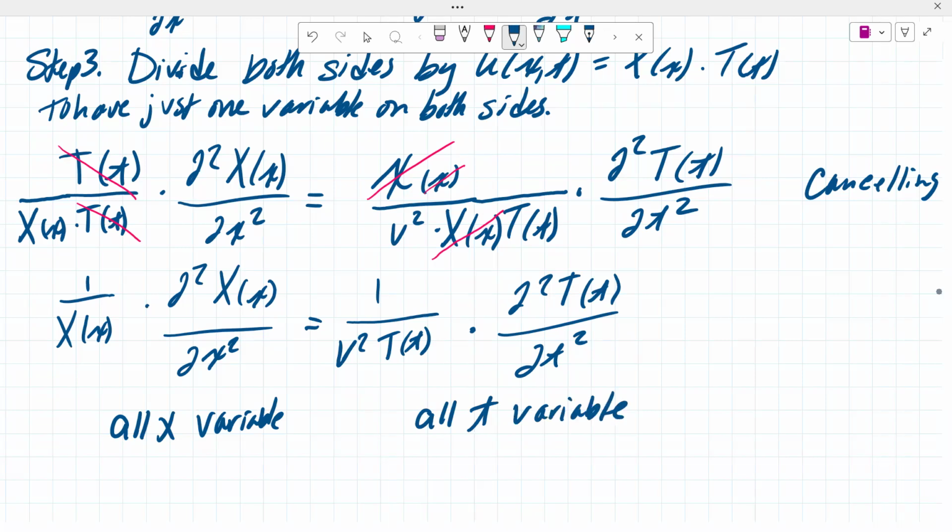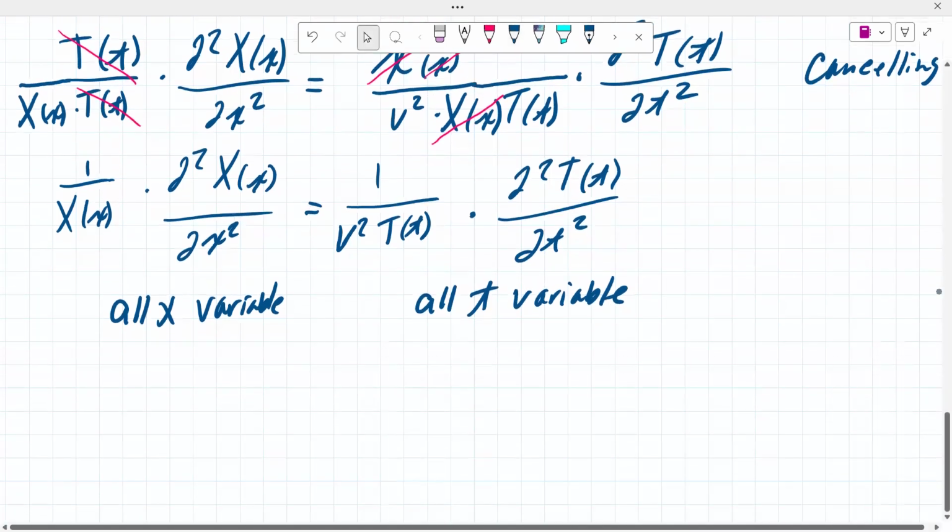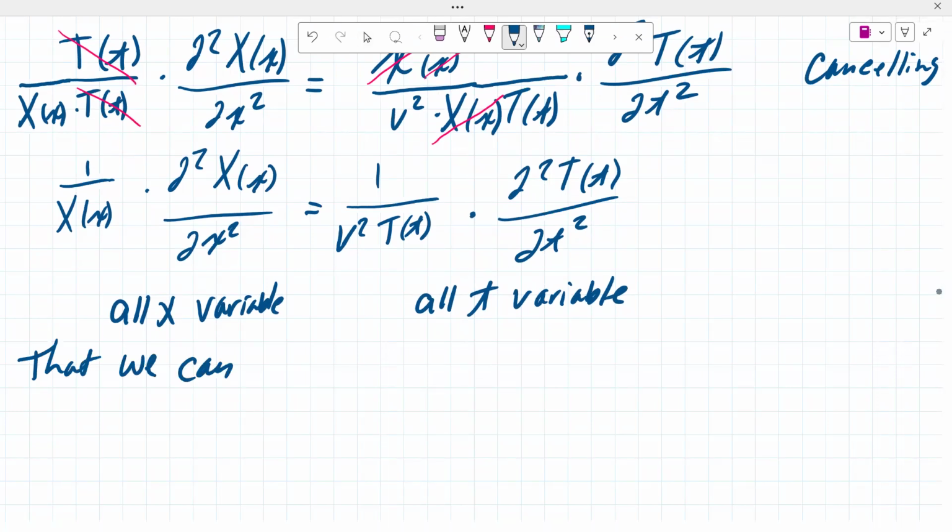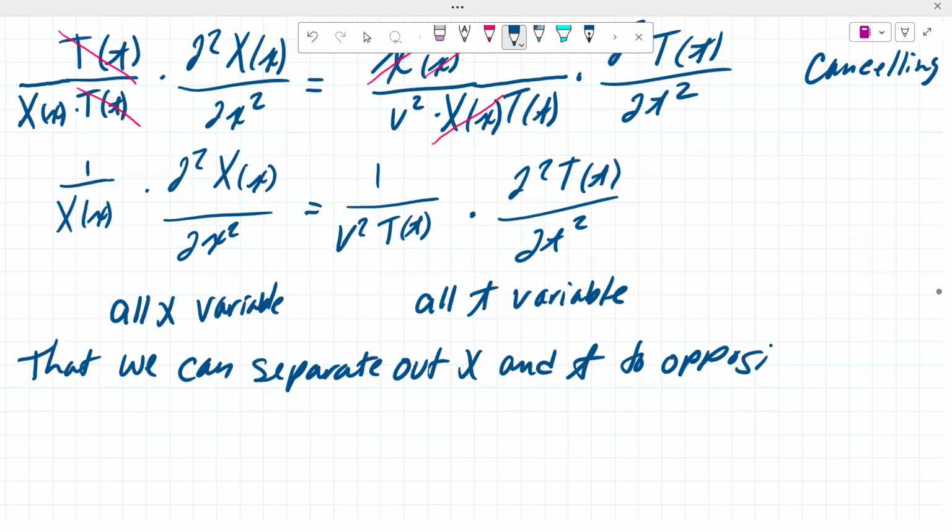So this shows that x and t, because we're able to divide them out, we can separate x and t to opposite sides of the equation.